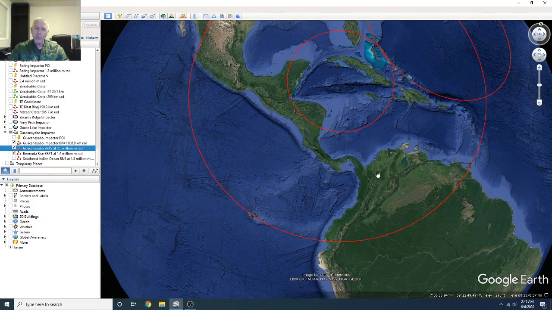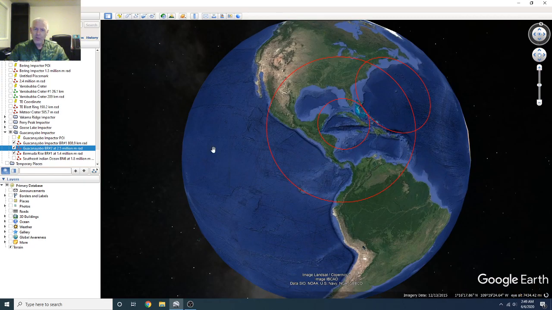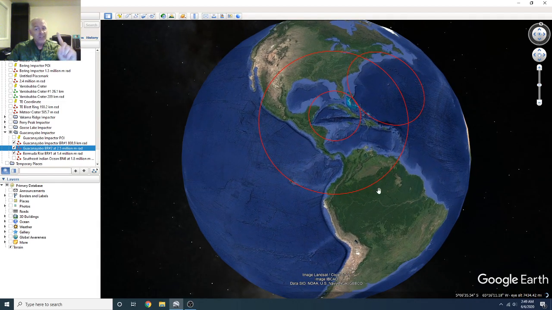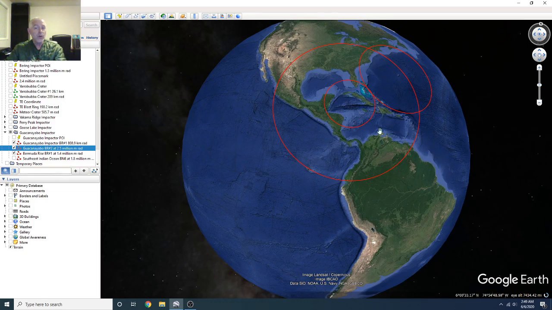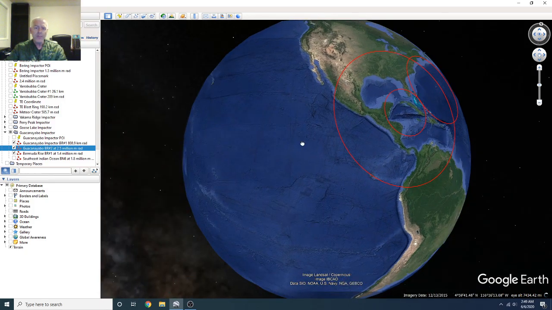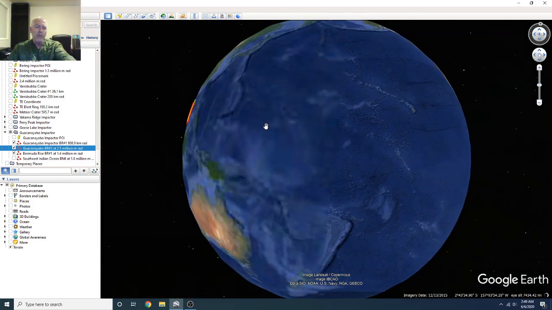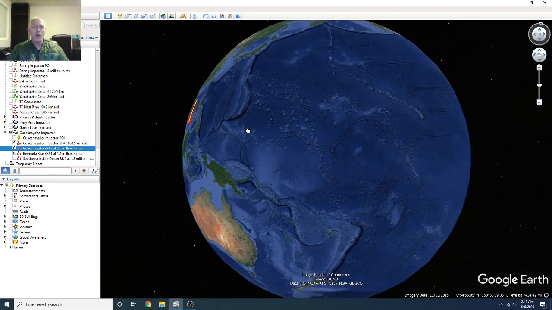Now you notice when we pull away that this lithostream is coming down here and then kind of goes up and around South America like a hub or like a wheel well, right? And it's doing that because, well, one, South America was already here when it came through. So South America was in this position, at least northern South America was in this position, at the time that the South China Sea impactor struck the planet.